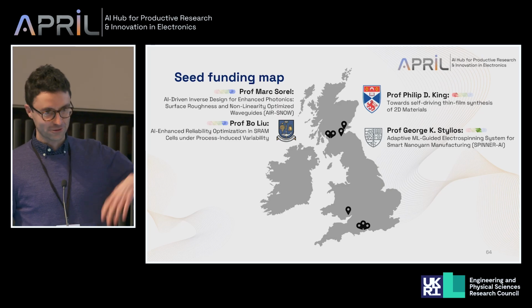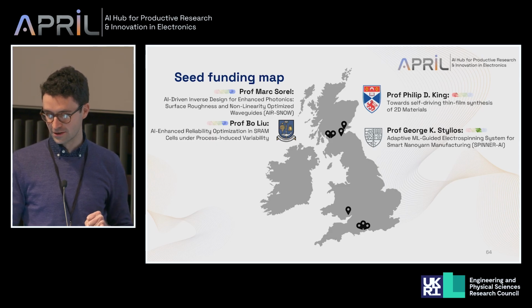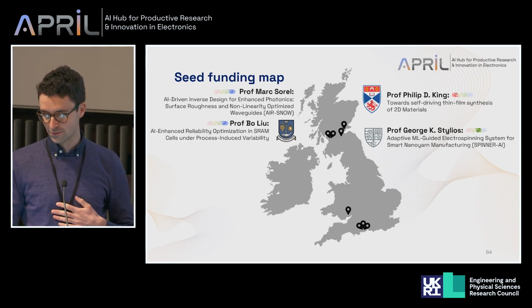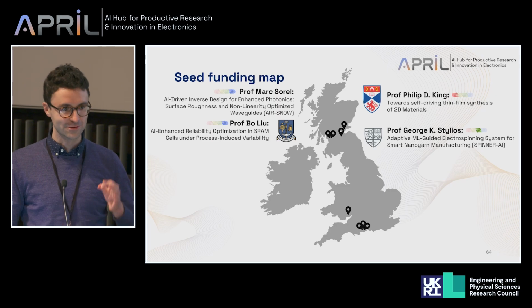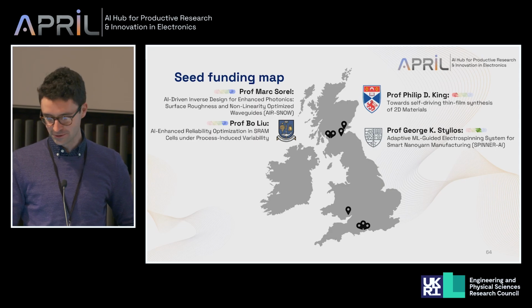We're going back across to the East Coast. At Heriot-Watt University, Professor George Stelios's group are looking at an adaptive machine-learned guided electrospinning system for smart nanoyarn manufacturing. I think it's pretty applicable to the work on the triboelectric nanogenerators that Shashank was talking about.